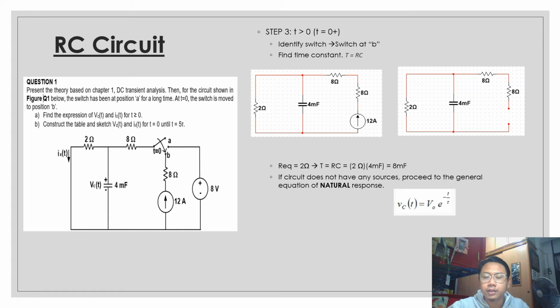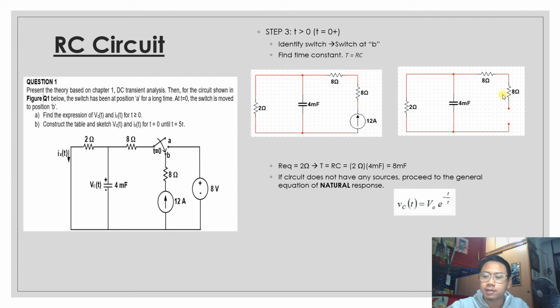So to find the value of R equivalent, we need to remove any current source or voltage source. In this circuit, we have a current source, and when we remove the current source, the circuit will become an open circuit. So when we open circuit this 12 ampere, this 8 ohm resistor will not be on, and we just neglect these two resistors.